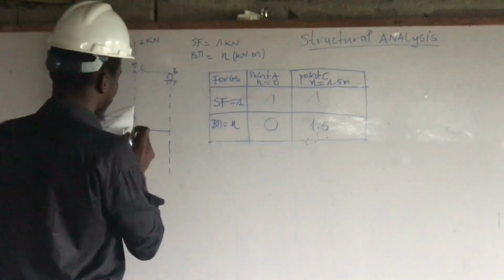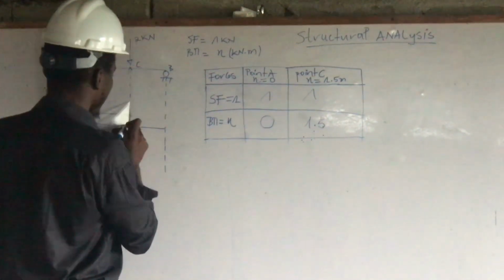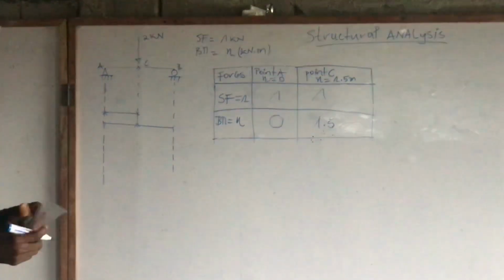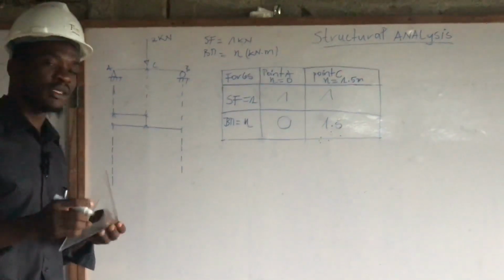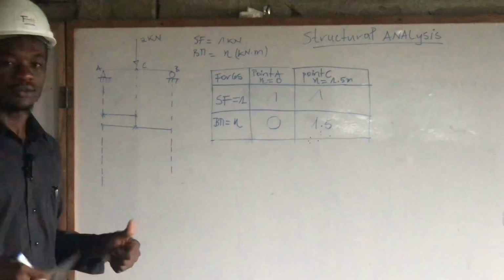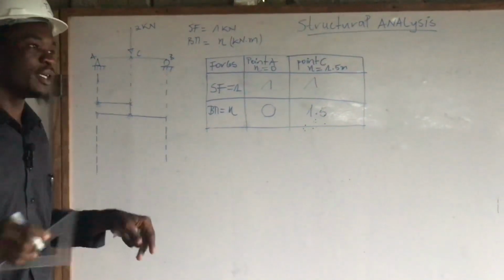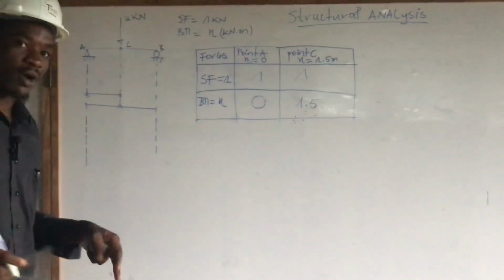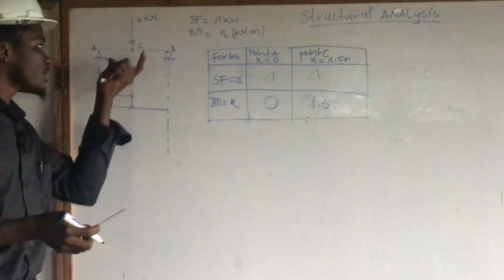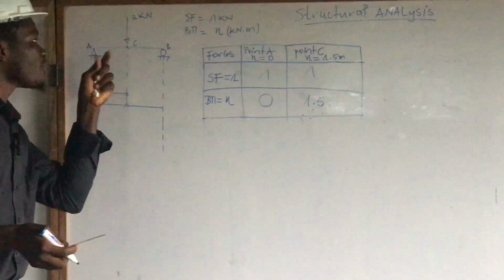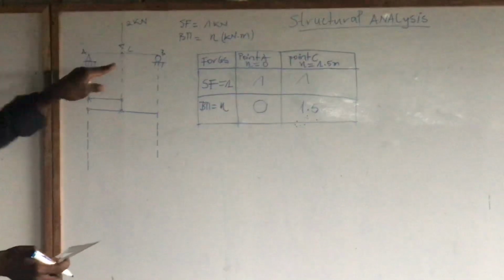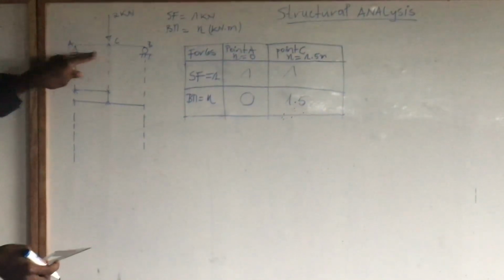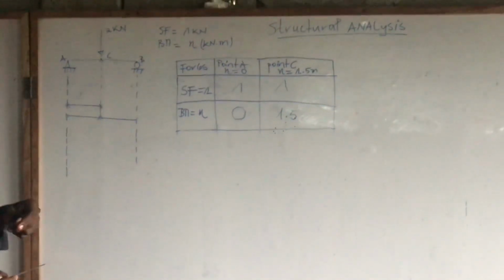As I said, for the case of a concentrated load, there is no need to make 2 cuts, though there are structures where you will be obliged to make 2 cuts or 3 cuts, even more, depending on the structure. But here we have a simply supported beam with a concentrated load applied. It means the behavior of the structure on this side where we make our cut will be the same here, but in the opposite direction.